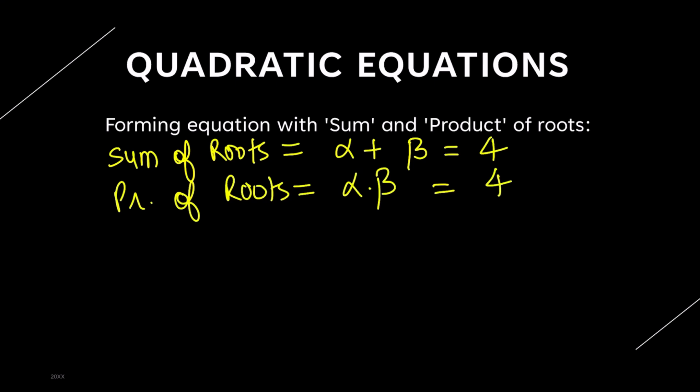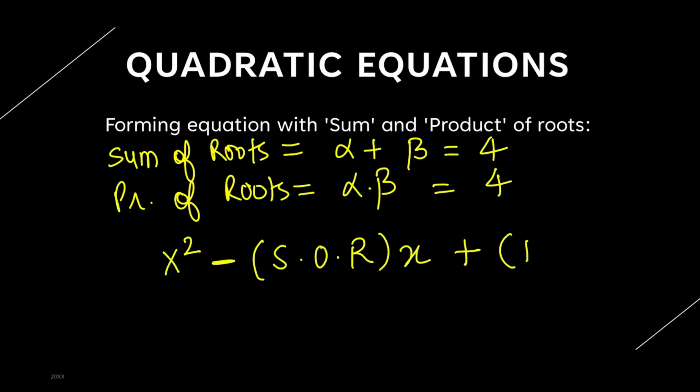The formula is x square minus the sum of roots into x plus the product of roots is equal to 0. I hope this is clear.